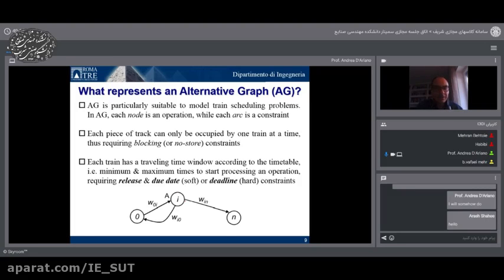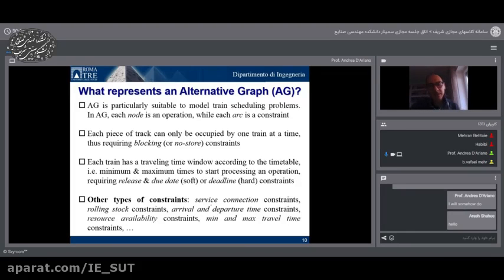If you want a must constraint, if you want the maximum time to be really rigid, fixed, then you use a deadline. And the deadline is in the graph representation simply another type of arc, I0. So with these three types of arc, you can represent the time window for traveling on a piece of track by each train. This is very useful, as we'll see, for different applications, from timetabling to rescheduling applications.